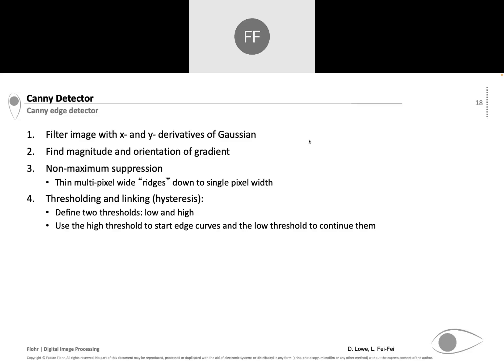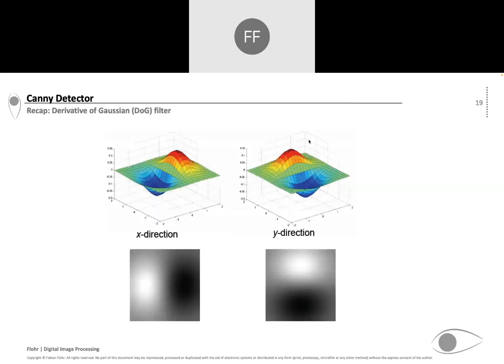Something above the high threshold is always accepted, and something between low and high is only accepted when it's quite close to some high response, and everything below the low threshold is always rejected, right? So this is a method for linking and thresholding. We will later see how that works. And that brings corrupted edges together and makes them connected.